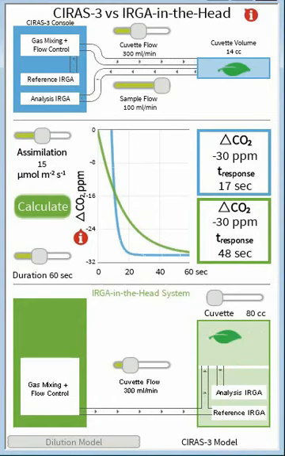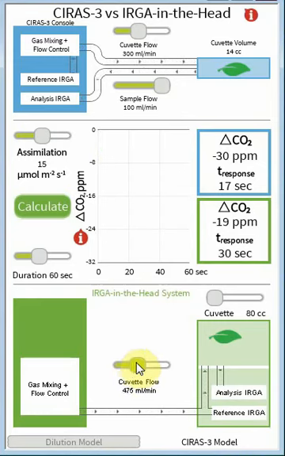One thing that you can do, as I said previously, is increase the flow rate to improve your response time. So if I increase the flow rate of this erga in the head design to 800 milliliters a minute, I can get the response time to be almost the same as our small volume chamber. But when I calculate, let me show you what happens here.